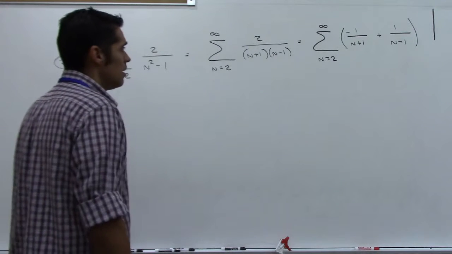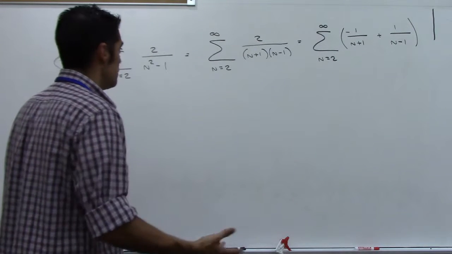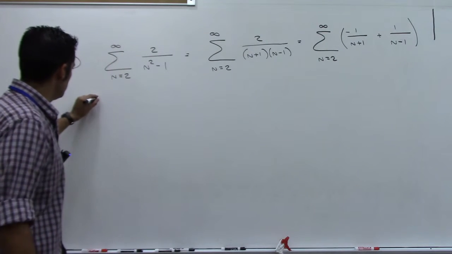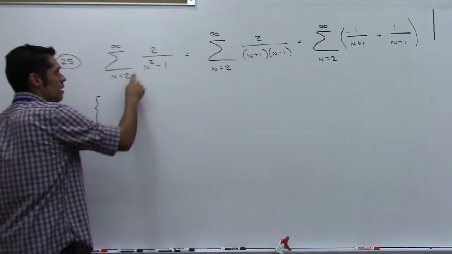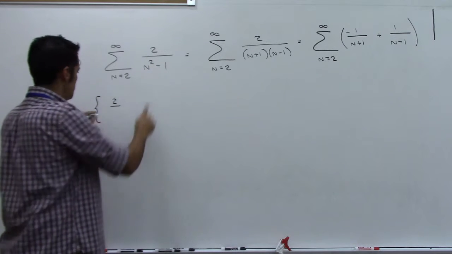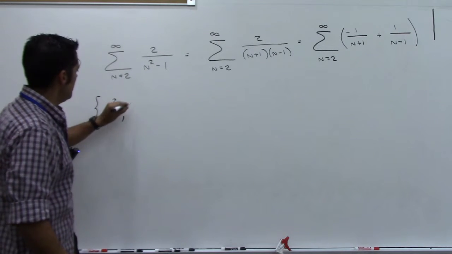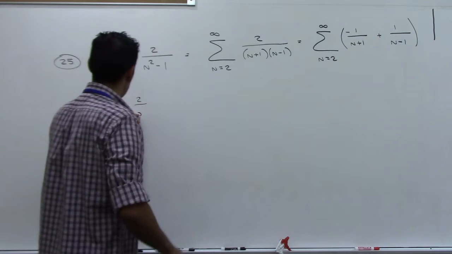All right, so let me try and write out the first few terms of the sequence. And you know what I'll do, since this is my first one, I'm going to write out the first few terms using this first. If I let n be 2, I get 2 over, see, 2 squared is 4 minus 1 is 3. If I let n be 3, I get 2 over 3 squared is 9 minus 1 is 8.